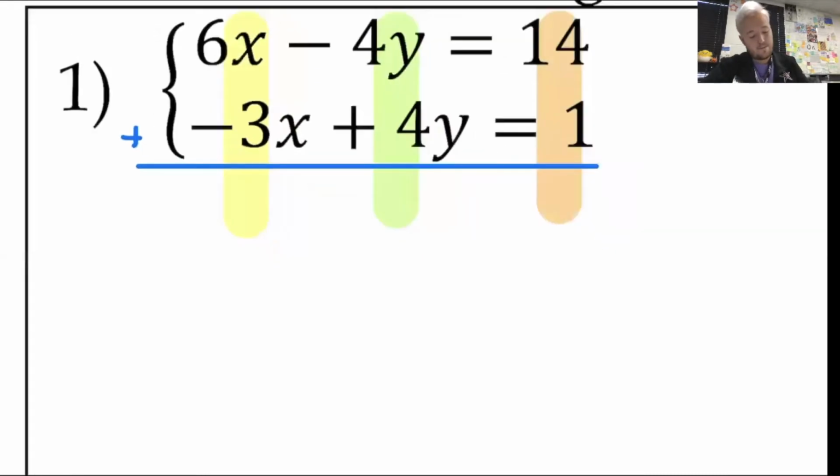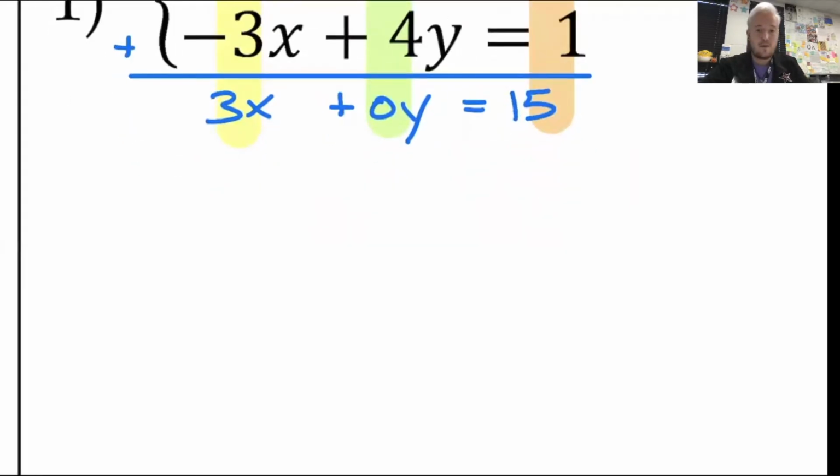I'm going to add 6x and -3x, so 6 plus -3 gives you +3x. Then I have -4 plus 4, and that results in 0y. That is our zero pair. That's what zeroed out. And now I have 14 plus 1, which gives me 15. I'm going to rewrite this equation below.